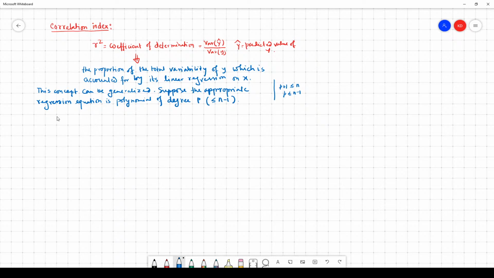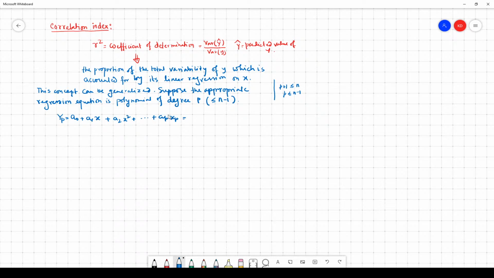and the model is Yp equal to a naught plus a1 x plus a2 x squared up to ap x to the power p.